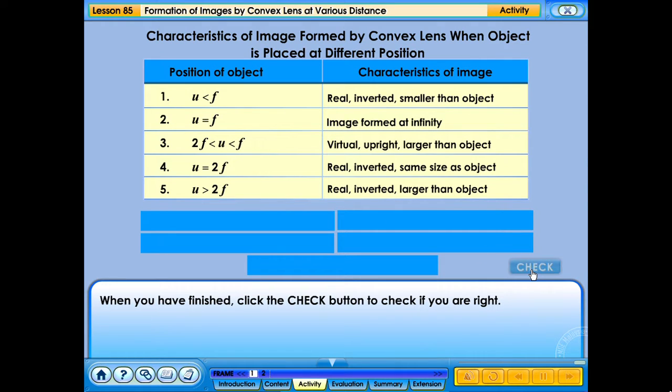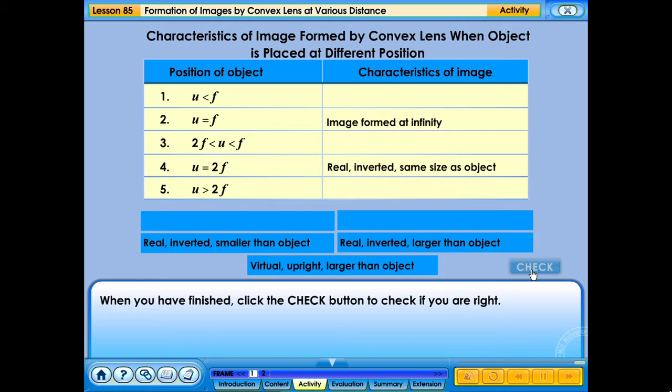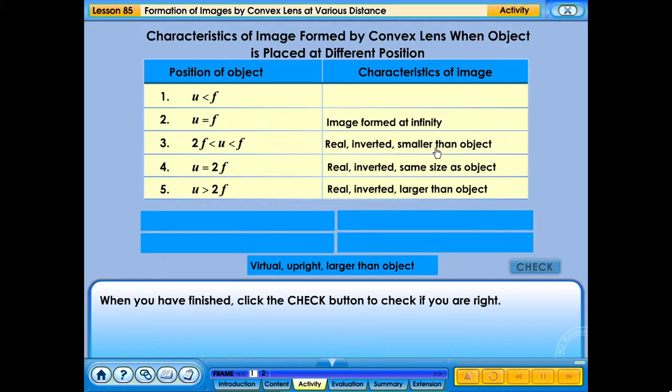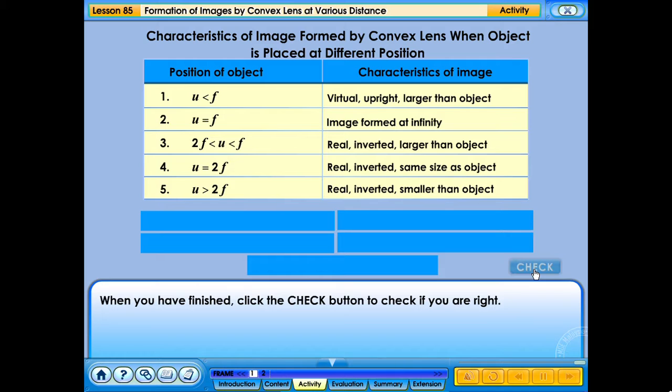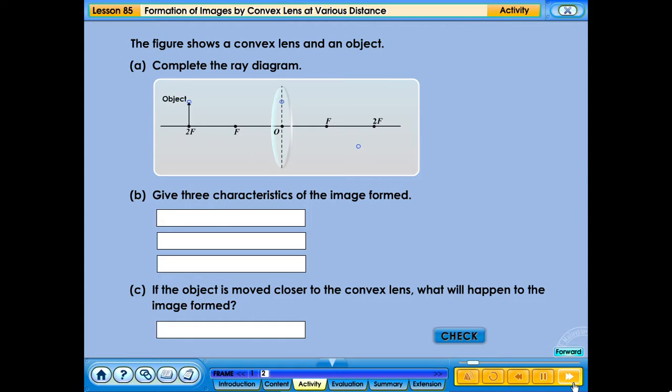That's not right. Please try again. Your answer is incorrect. This is the correct answer. Complete the ray diagram, then key in the answers in the empty spaces and click on the check button to check your answer.